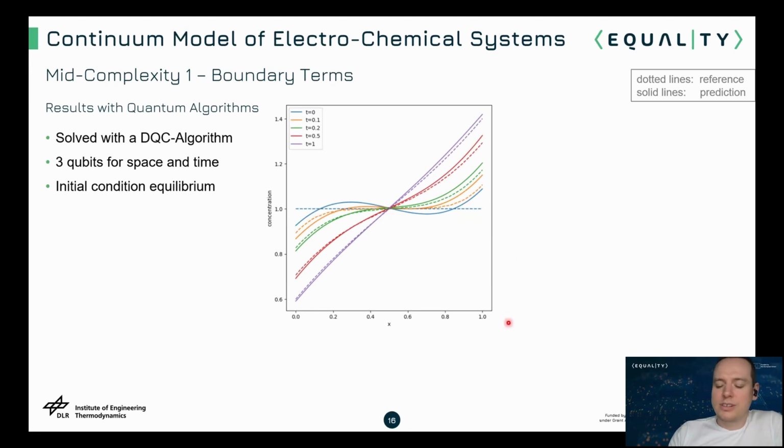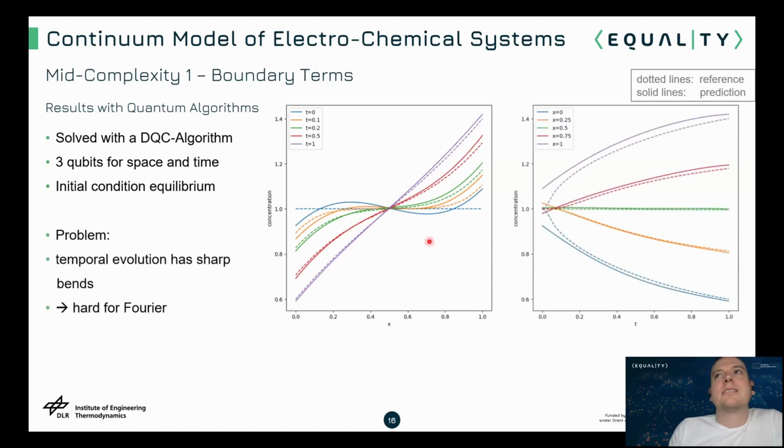And it becomes clearer why this happens if we don't look at these spatial distributions, but at the temporal evolution at specific points in the battery. So what we see here in purple and blue are the boundaries of the battery. And the red and the yellow curves are inner points of the cell.